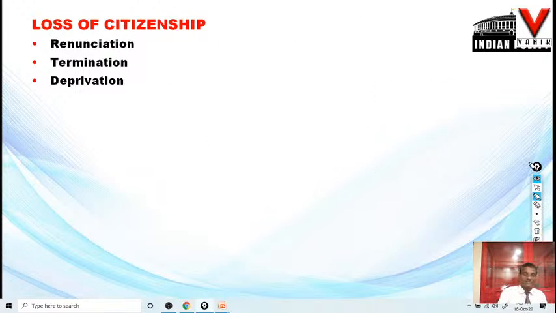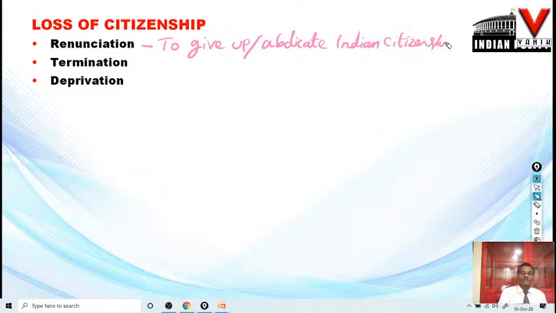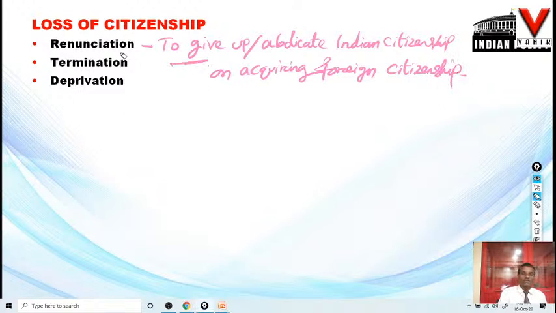First is renunciation. Renunciation means to give up or abdicate Indian citizenship on acquiring foreign citizenship; that is renunciation, done by the person.